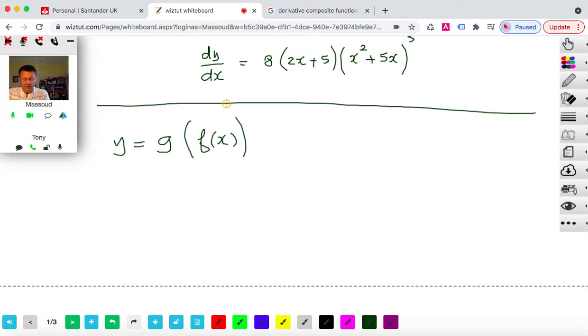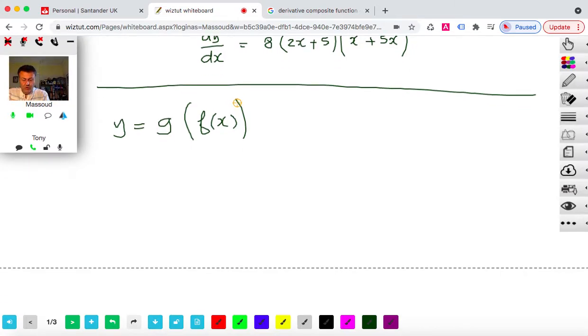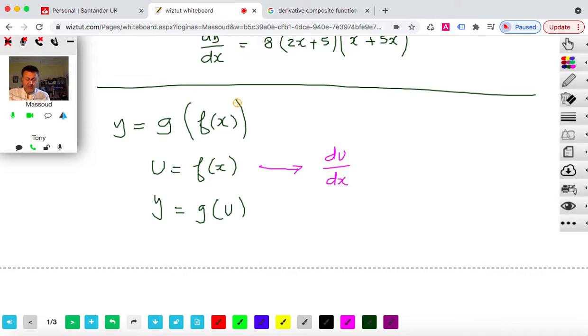So here I'm going to make a substitution, and my u is going to take over the place of f(x), and hence y would be equal to g of u now. So if I differentiate u, it's du/dx. Now du/dx is the differential of this expression f(x), which sometimes we show with a little dash on the top.